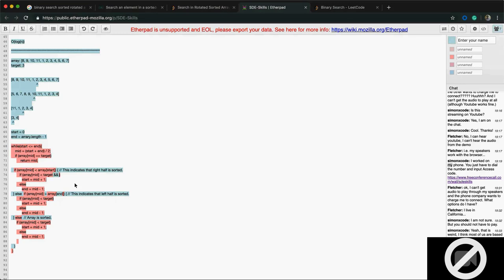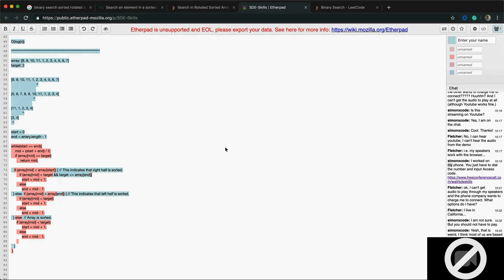Here I believe we need one more condition, because we are saying the right half is sorted. So if the right half is sorted, we just need to check if our target element is greater than the middle element, and also the target element is less than or equal to the end element.